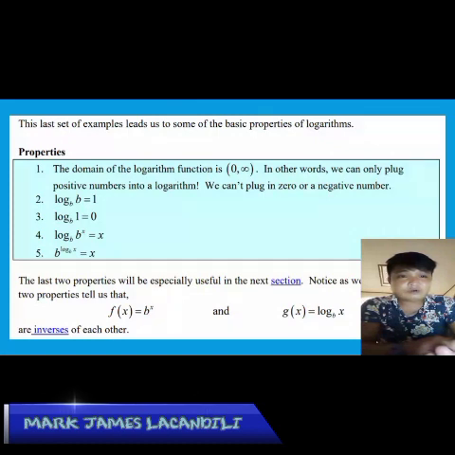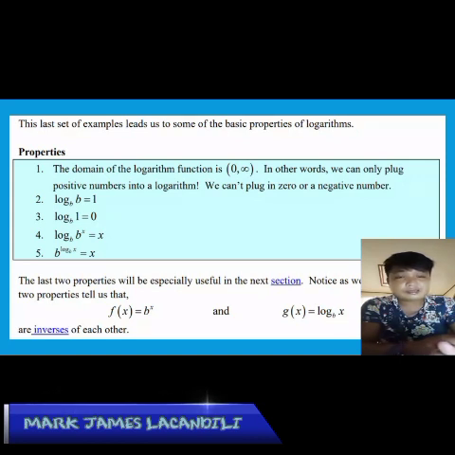This last set of examples leads us to some of the basic properties of logarithms. Number one, the domain of the logarithm function is 0 to infinity. In other words, we can only plug positive numbers into a logarithm. We can't plug in 0 or a negative number. Number 2, log base b of b is equal to 1. Number 3, log base b of 1 equals 0.